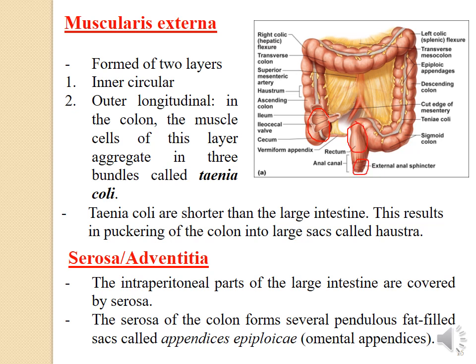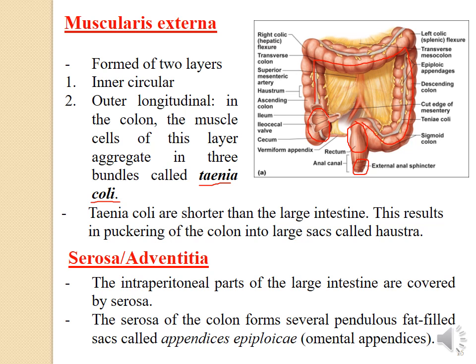So in the colon, all this, the ascending, transverse, descending, and sigmoid colons, the outer longitudinal muscle layer aggregate into three bundles called taeniae coli.